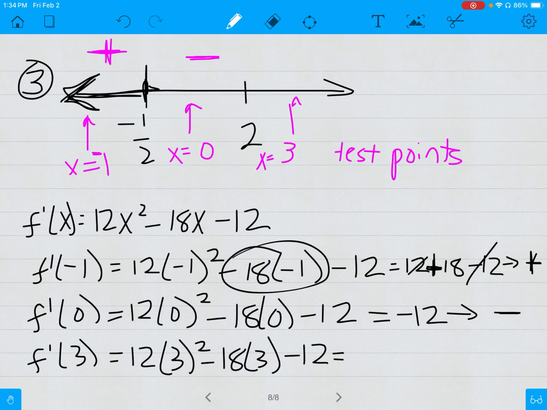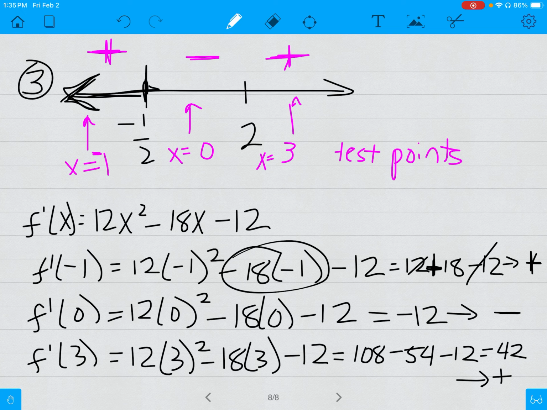Well, 3 squared is going to be 9. 12 times 9 is 108 minus 18 times 3 is 54 minus 12. When I crunch all of that through, 108 minus 54 minus 12 leaves us with 42. And that is positive. So in that interval to the right of the critical number of 2, our derivative is going to be positive.